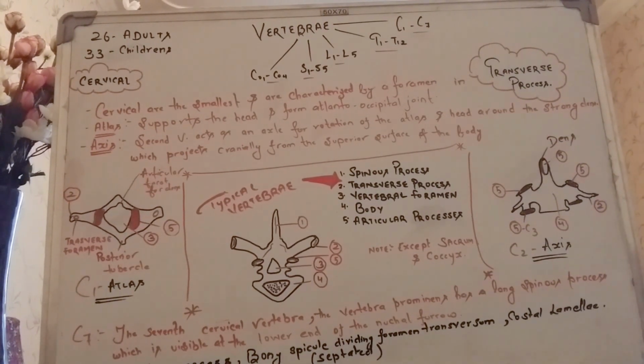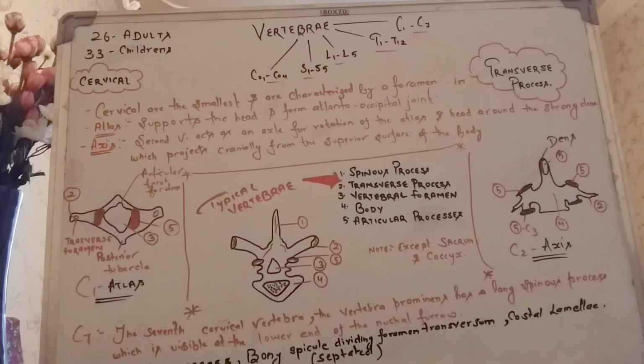When we come downwards from cervical to lumbar, we'll see the difference in the body. The body is wider in lumbar, thicker, and more rigid, and it also carries the weight. From lumbar, the weight is transferred to the sacrum, from sacrum to the hip bone, and then to the femur and all that. But we continue with the cervical.